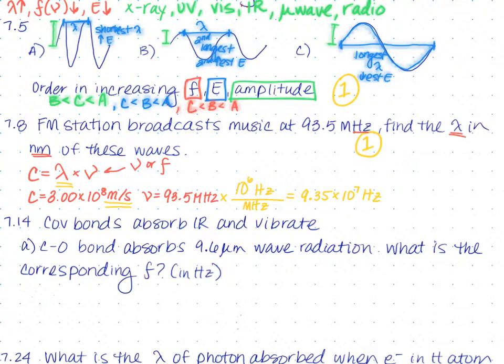Now I'm going to take that value and plug it into my original equation. I'll do that in green. So 3.00 times 10 to the 8 meters per second is equal to lambda, which I'm solving for, times 9.35 times 10 to the 7 hertz.